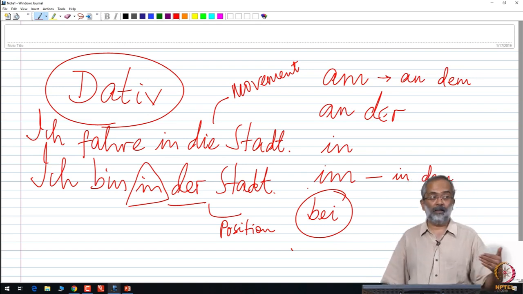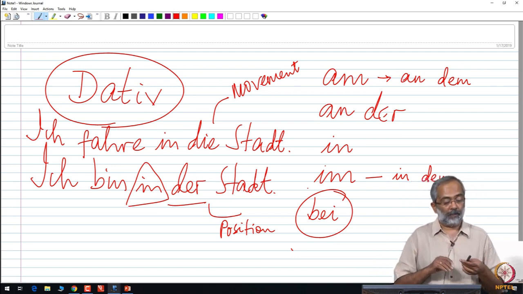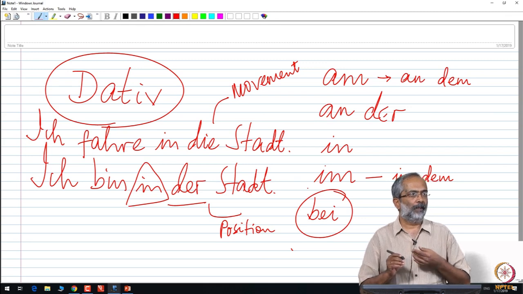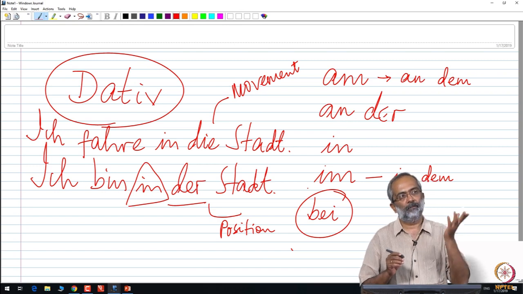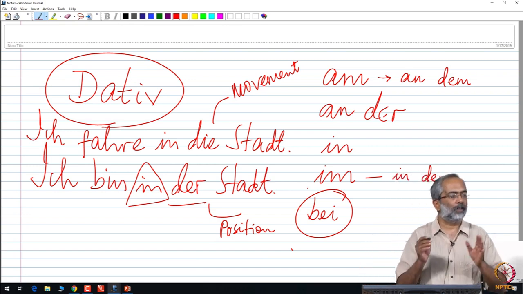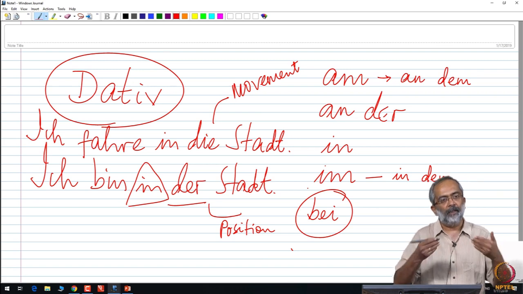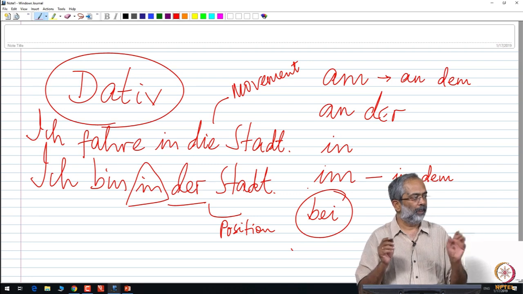So, which again is an important thing, and we will wrap it up with this, especially in prepositions, you have to remember that there is very little one-to-one correspondence between prepositions. So, every time we say in German, it does not always mean in, okay.